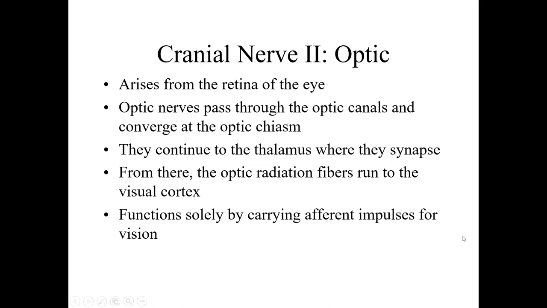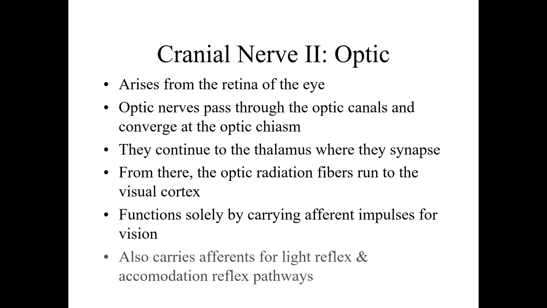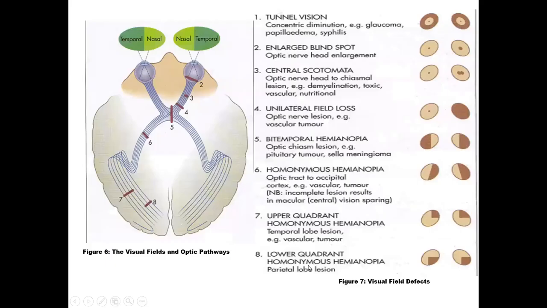So please understand, the optic nerve is purely sensory and it carries only the sensory impulses of vision. There is, of course, a certain part of the reflex pathways coming through the optic nerve, but that will only be the sensory limb of the reflex.